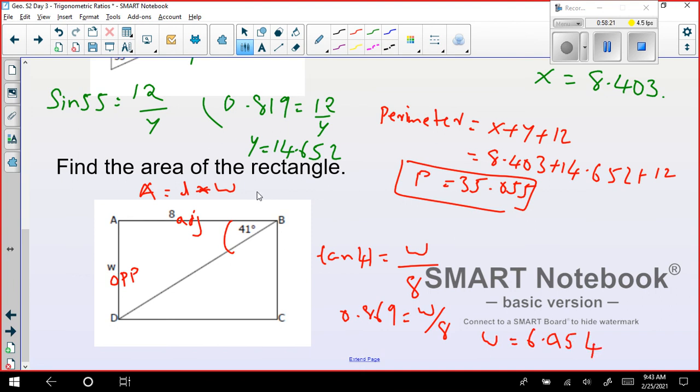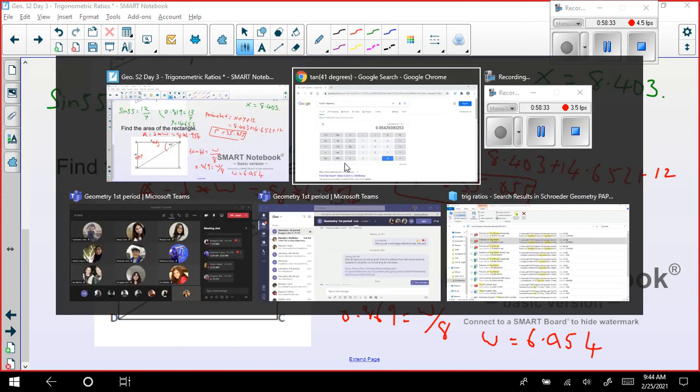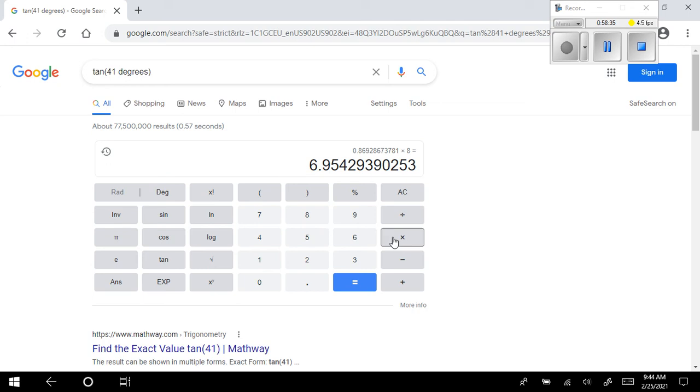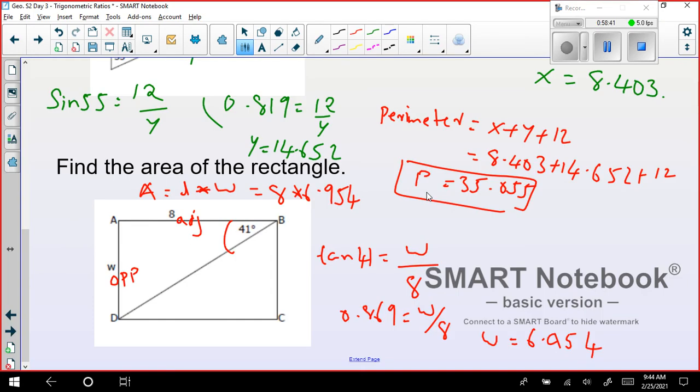And area is length times width, which is nothing but 8 times 6.954. If you multiply by 8, you get 55.634 as the area. Area is 55.634.